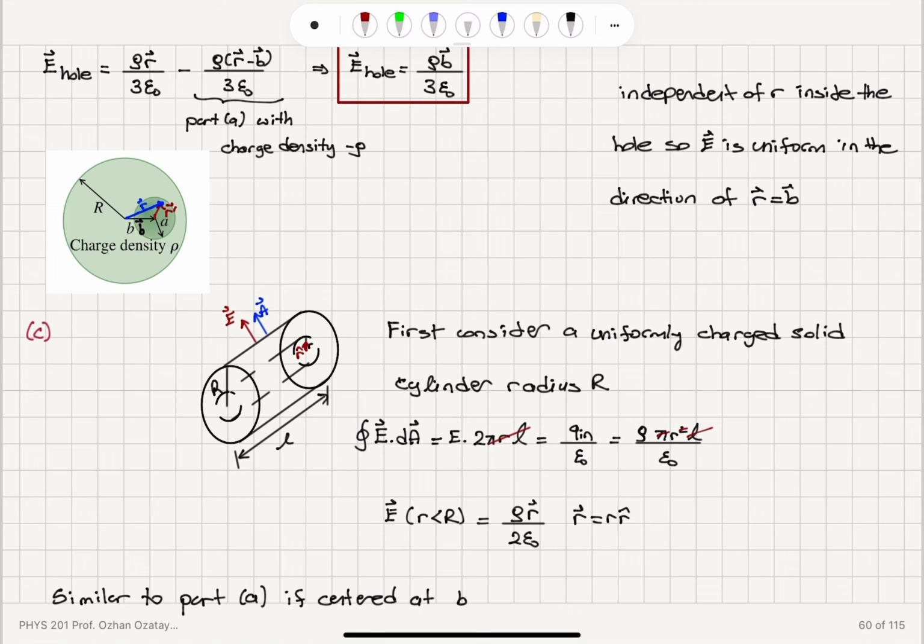So that's radially outward. Okay, so now similar to part A, if this is centered at b, then I would find the electric field for r less than capital R to be rho times r minus b divided by 2 epsilon 0.